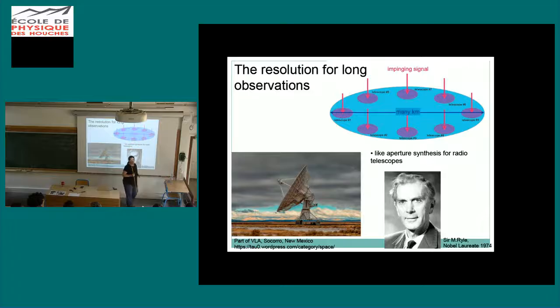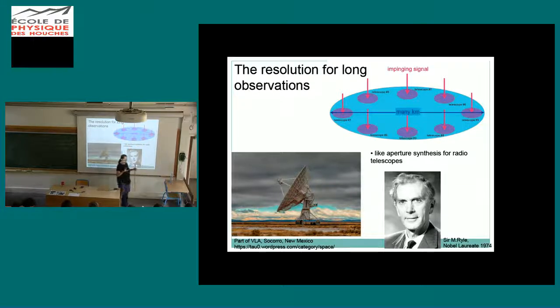But there's a problem with it, and the problem is that our detector moves around the sun, so imagine there's the sun here, and we want to make this observation over many, many months, perhaps a year.